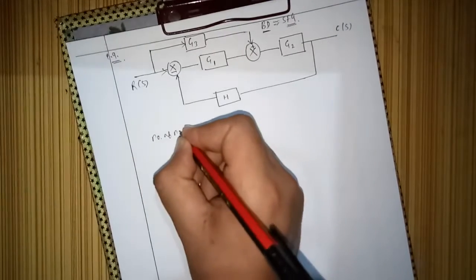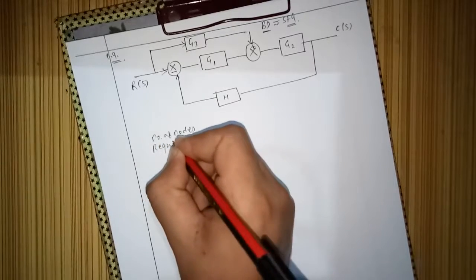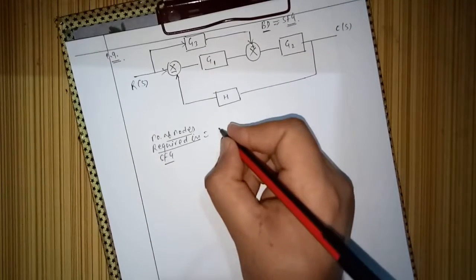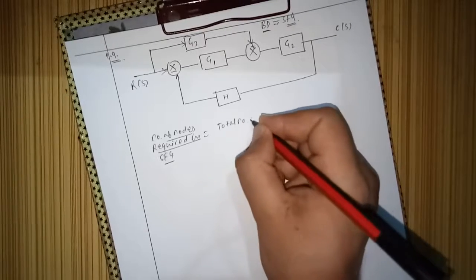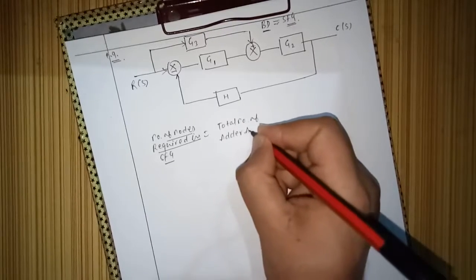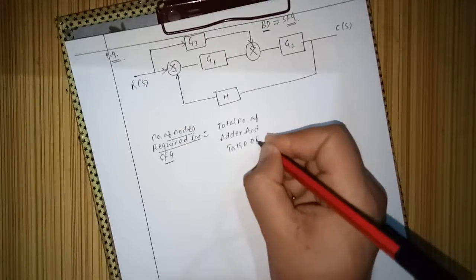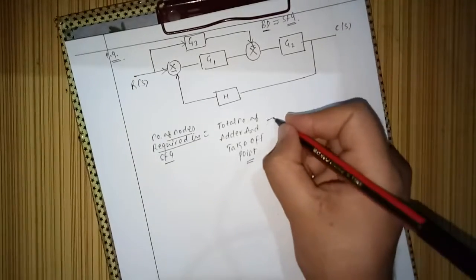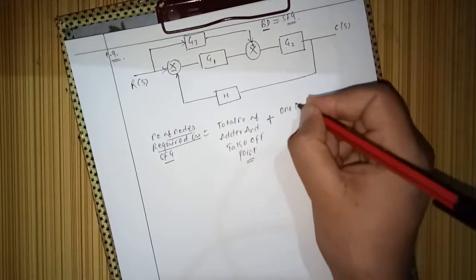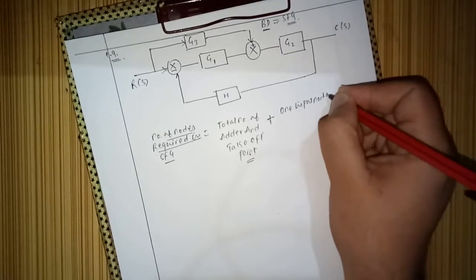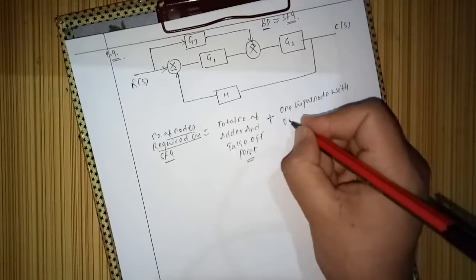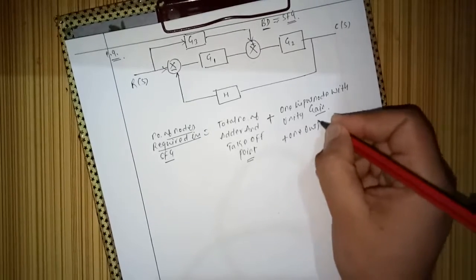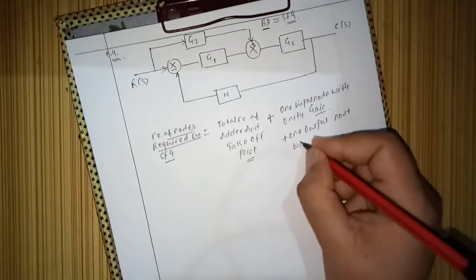So the number of nodes required in the signal flow graph will be equal to the total number of adders and takeoff points, plus one input node with unity gain to represent our input, plus one output node with unity gain.